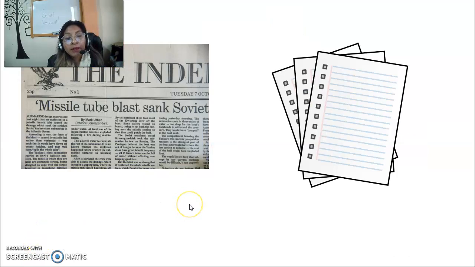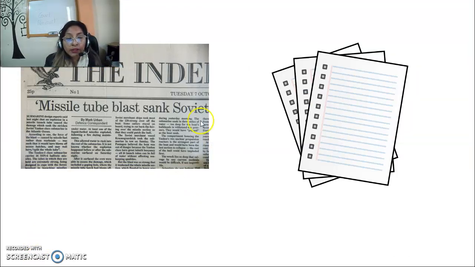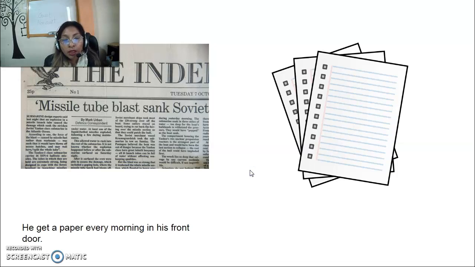Well, the word paper as well is one word that can be count and non-count at the same time, because when we talk about paper as a count noun, it usually means newspaper. For example, she gets a paper every morning at her front door. It means she gets a newspaper. This paper is replacing the word newspaper.